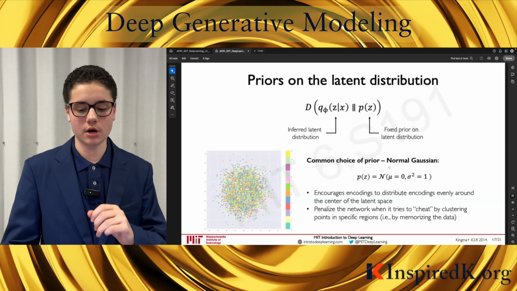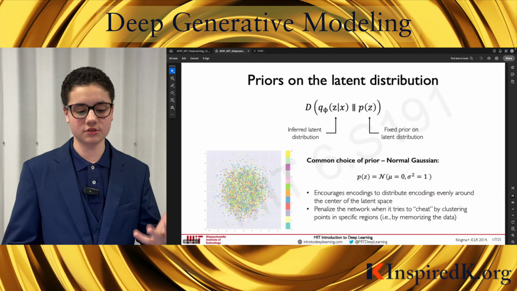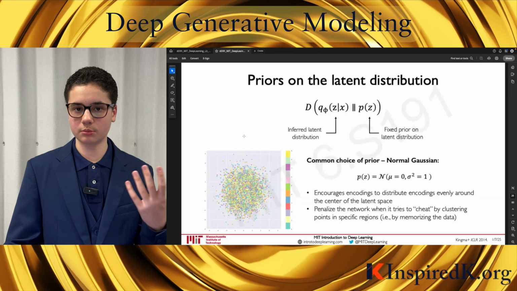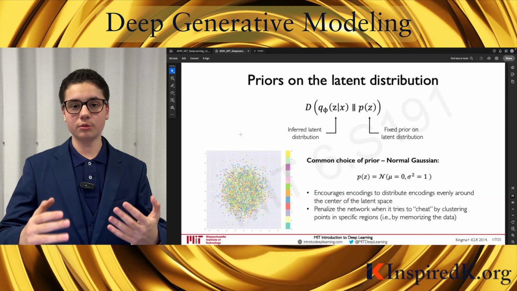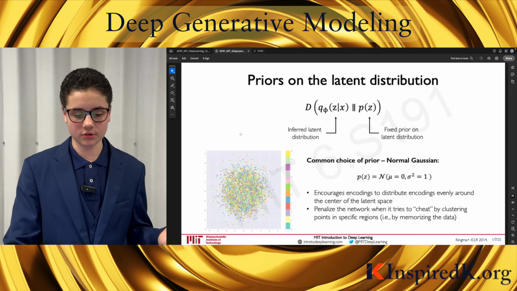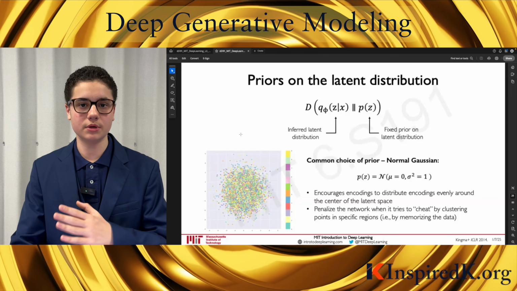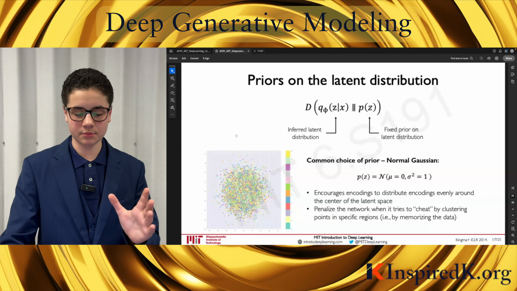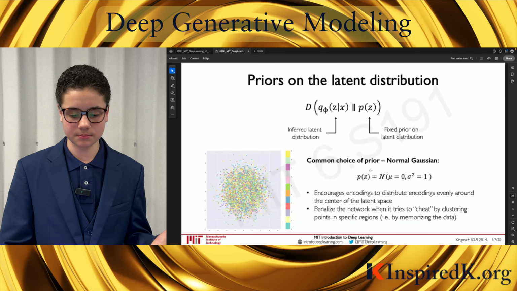Commonly, we use a type of prior called the normal Gaussian, which looks similar to this circular representation in the graph. This specific prior is most commonly used because when the information is too densely clumped, the representations that are outputted will be exactly the same as our input, whereas if they are too far apart, then our outputs will be random and absolutely dissimilar to our input, and they will not be realistic outputs that are most similar to our inputs.